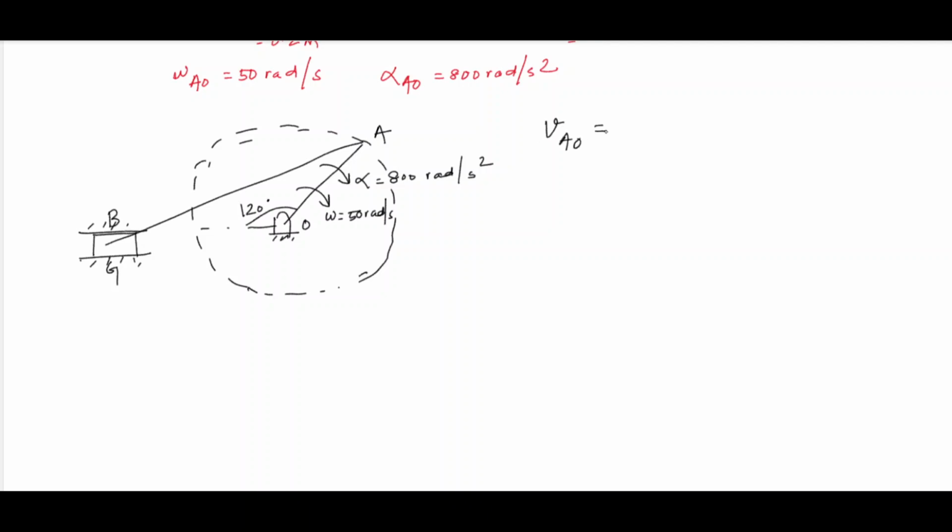Now we can find VAO, the relative velocity of point A with respect to O. So how to find VAO? It is omega AO multiplied by the link length OA. So 50 multiplied by 0.2, that is 10 meter per second.